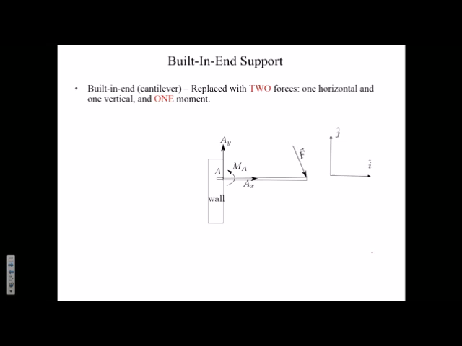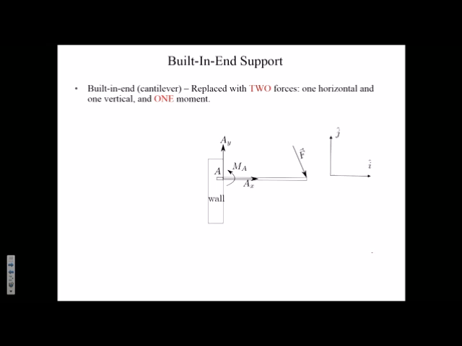So if I take this thing and you really push it through the wall or attach it with a plate which is riveted or screwed or bolted, then it will not allow this rotation to happen, which means if you try to push in this direction, there will be a counterclockwise rotation. There will be a moment in the opposite direction. So we say that a cantilever support can provide not only x and y direction forces, but also a counteracting moment. So you have three unknowns with the cantilever support.